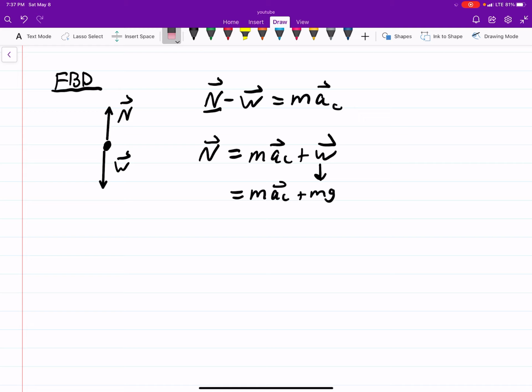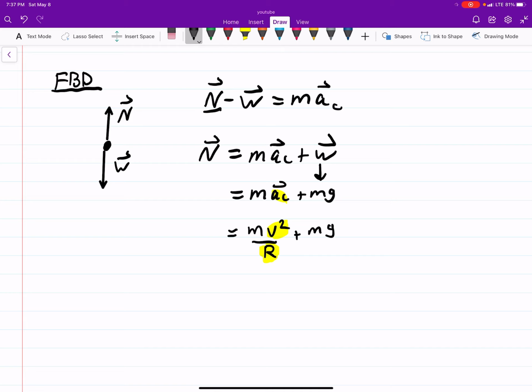Okay? So what is the centripetal acceleration? That's essentially all that we need to know here. Well, the centripetal acceleration, we can just use our equation: mv squared over r plus mg. Again, we're just using that the centripetal acceleration is equal to v squared over r.